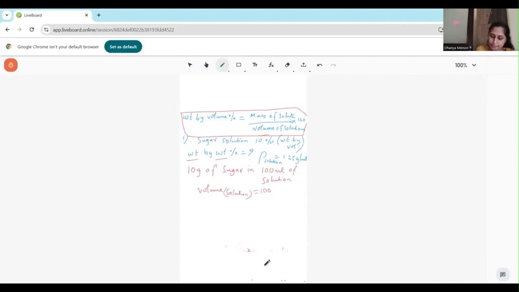And what is the density of the solution? They have given it in the question: 1.25 grams per milliliter. So how do you find the mass of the solution?